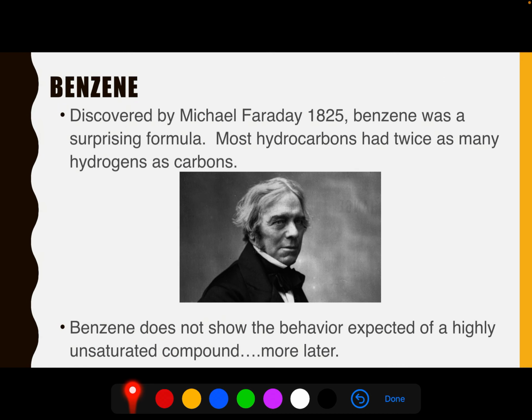Benzene was originally discovered in 1825 by Michael Faraday. This is the same Faraday that you would have learned about in your physics class. It was a pretty surprising formula because most hydrocarbons had twice as many hydrogens as carbons, but we know that benzene is unsaturated. So it does not have twice as many hydrogens as carbons.